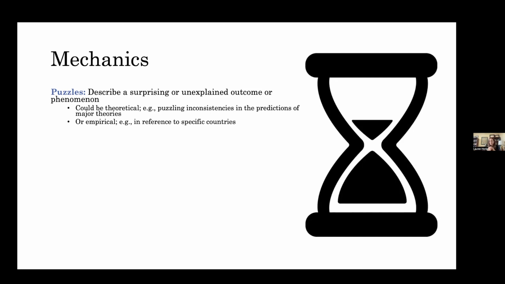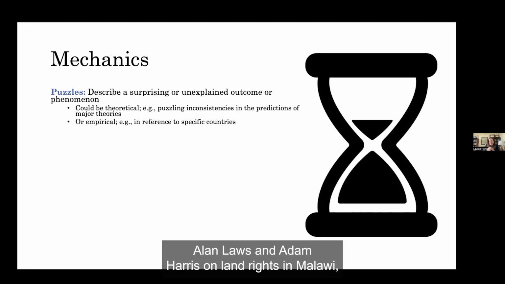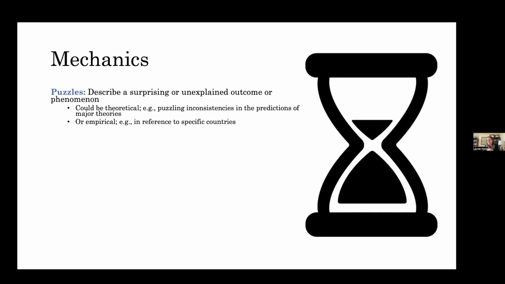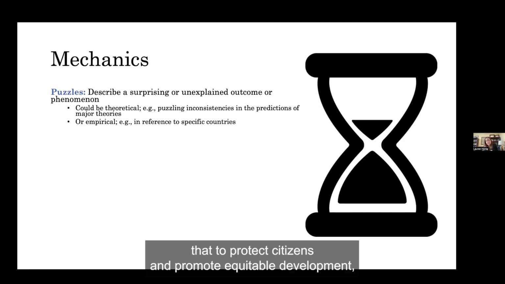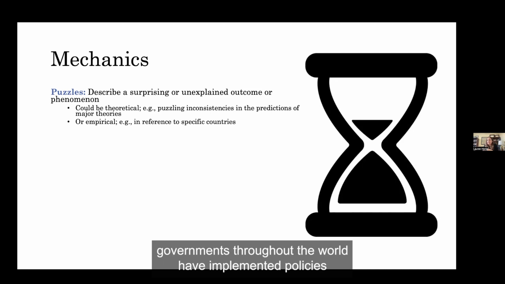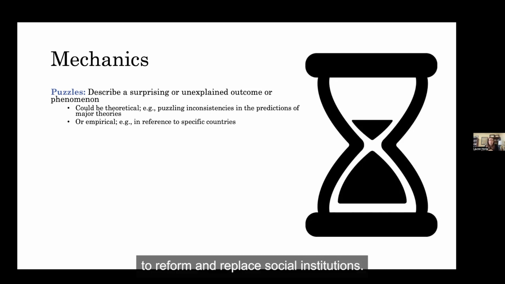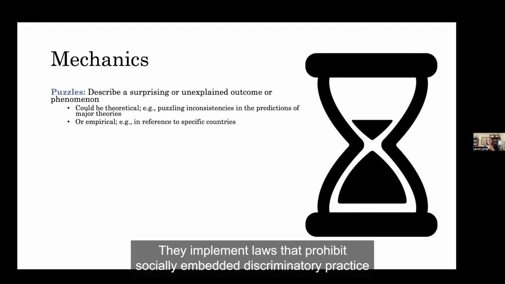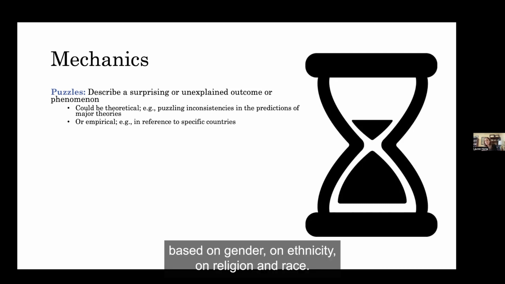So in a paper with Ellen Lust and Adam Harris on land rights in Malawi, we start with a puzzle: to protect citizens and promote equitable development, governments throughout the world have implemented policies to reform and replace social institutions. They implement laws that prohibit socially embedded discriminatory practice based on gender, on ethnicity, on religion, and race.